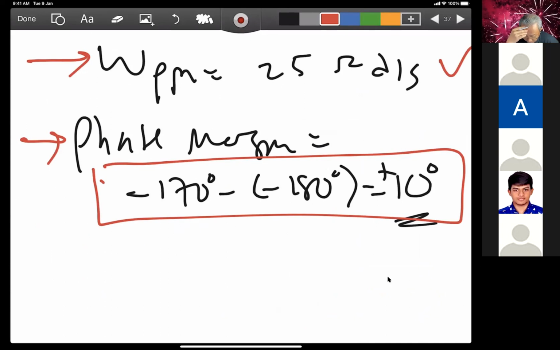Part B, number 2, the position constant Kp. Look at the graph.